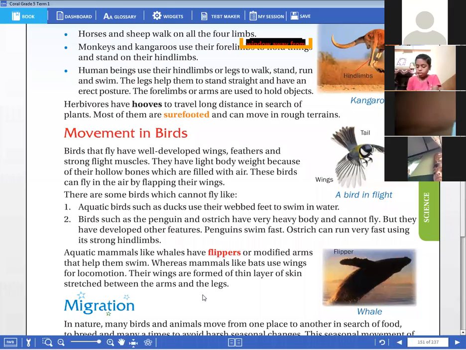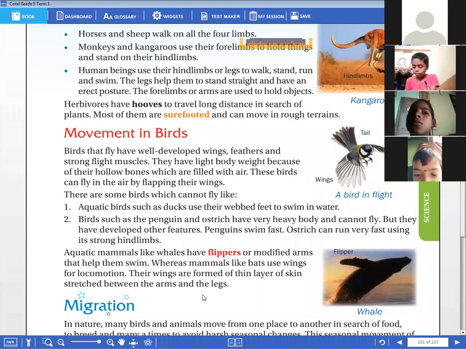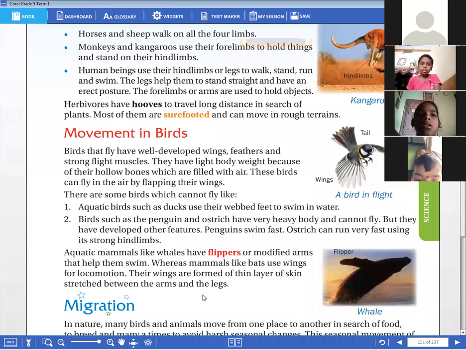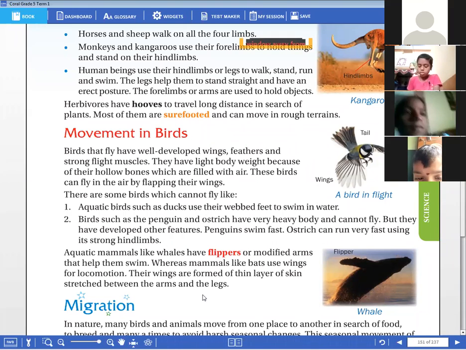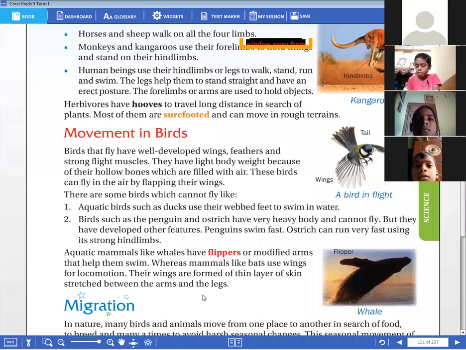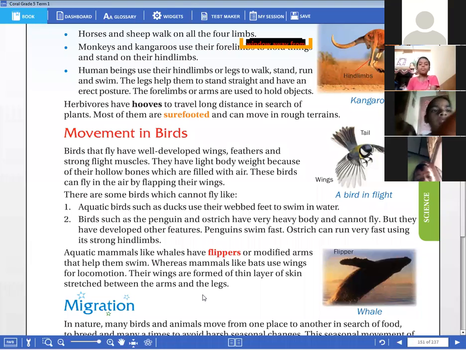Here children, mammals are nothing but animals which feed their babies with milk. Those are called mammals. Aquatic means related to water, aqua. So mammals which live in water, like whale.